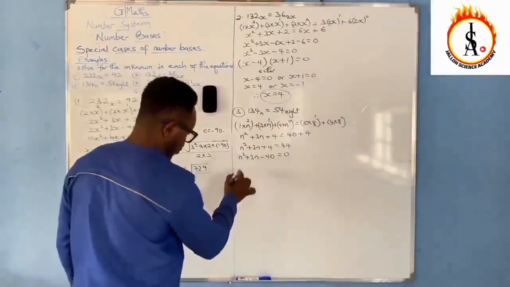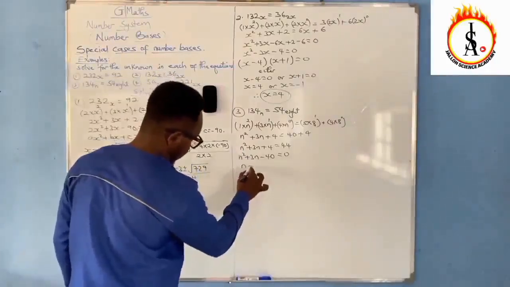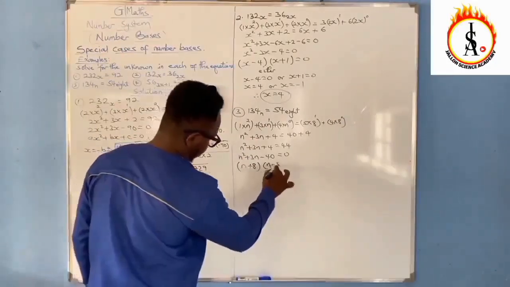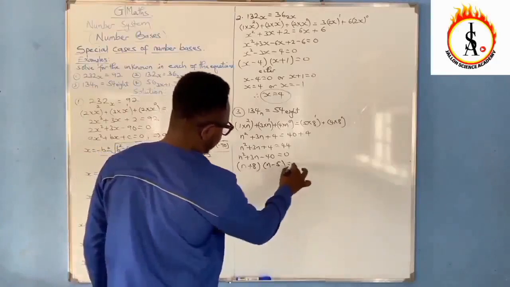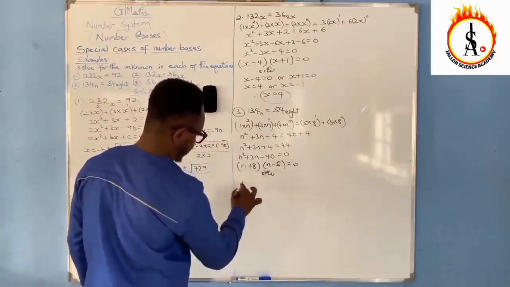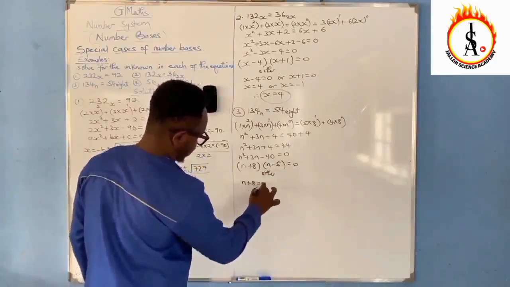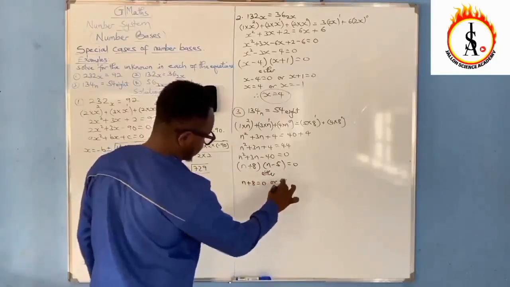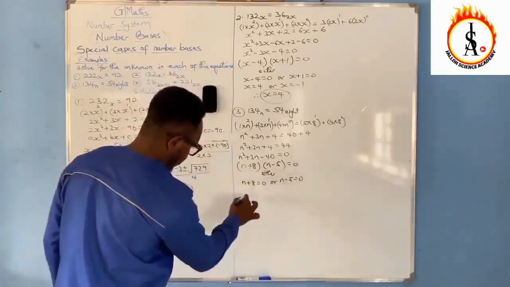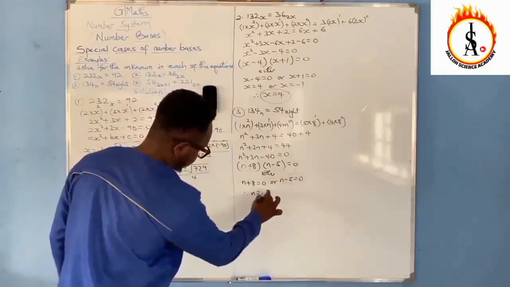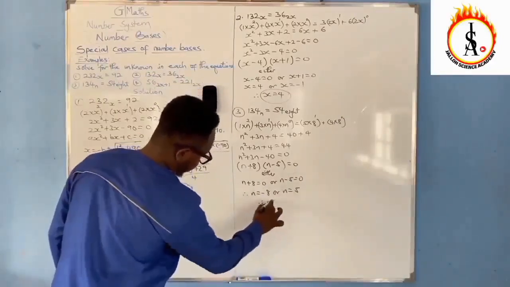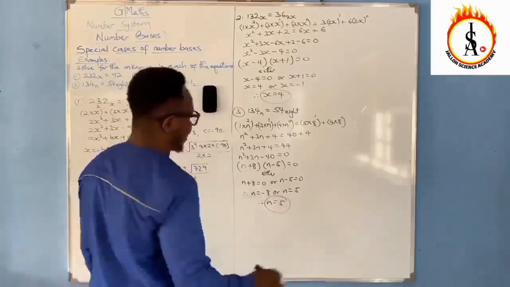And the coefficient of a is unity, so we say n plus 8 and n minus 5 is equal to 0. So that is either n plus 8 is equal to 0 or n minus 5 is equal to 0. Therefore, n is equal to negative 8 or n is equal to 5. So our final answer therefore is 5.